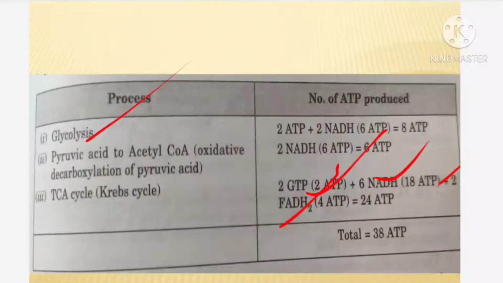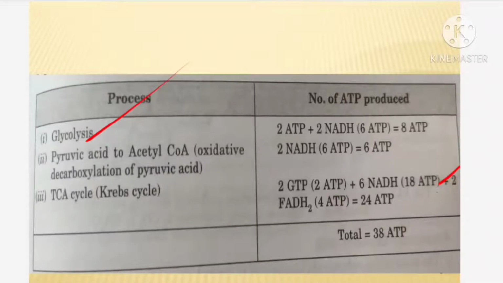One GTP is equal to 1 ATP, so no problem. NADH2 is equal to 3 ATPs, that is why 6 into 3 is equal to 18. 1 FADH2 is equal to 2 ATP, so 2 into 2 is equal to 4.